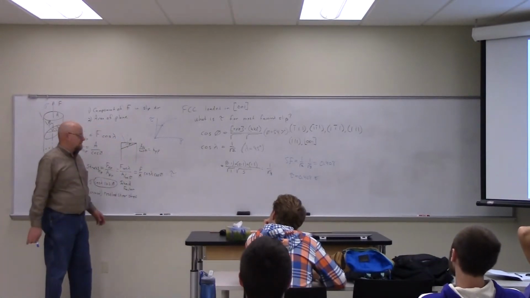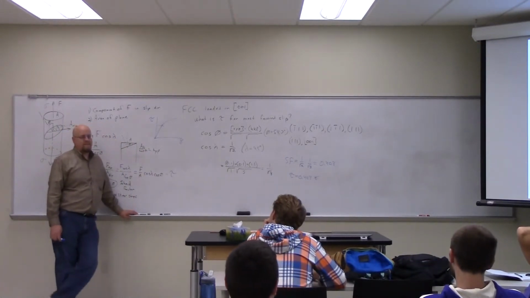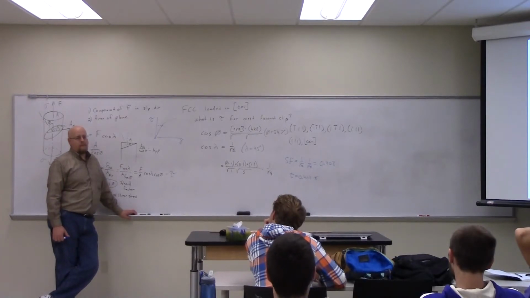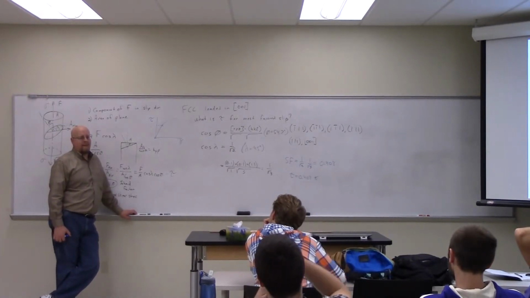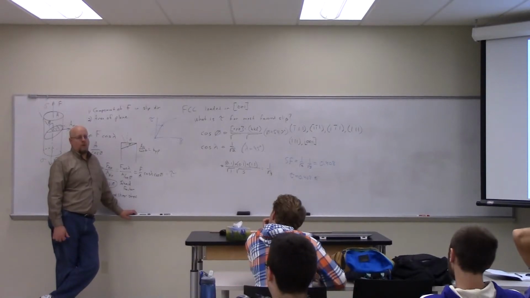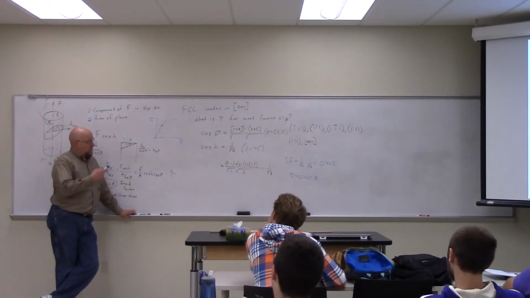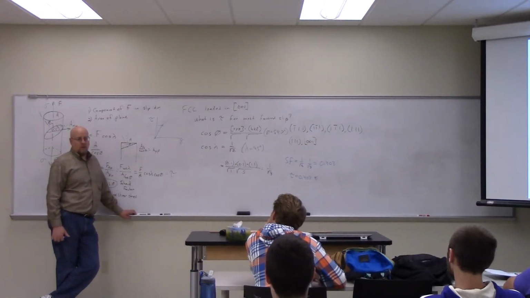Are you going to get the most percentage of stress transferred when you're pulling directly along the slip direction? No, because if I'm pulling directly along the slip direction, then I am by definition pulling perpendicular to the slip plane, and null set will be 90 degrees. That seems odd.